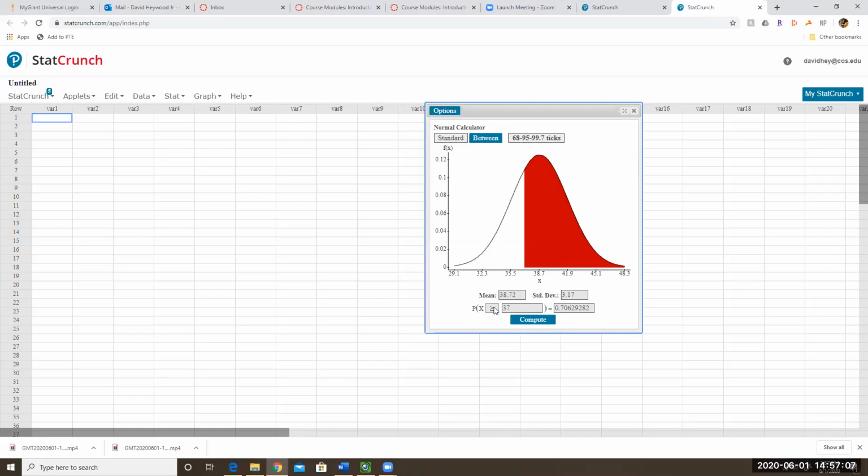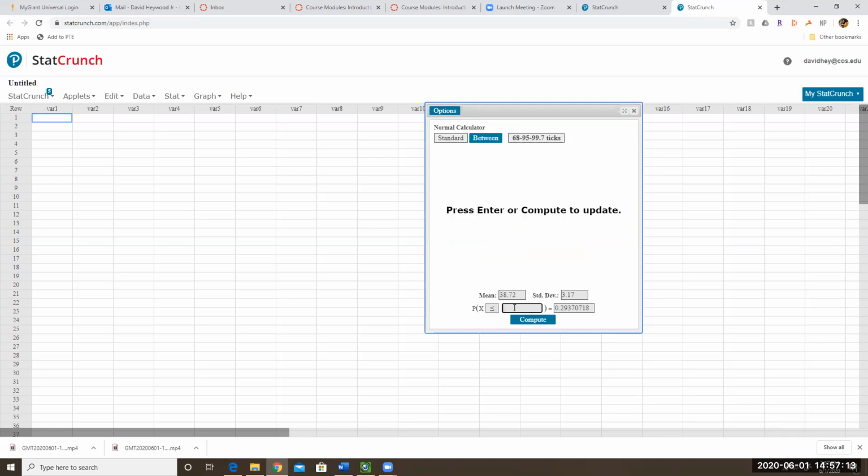Here we are in the normal calculator. I want the area to be to the left. I want this value to be blank because I want StatCrunch to fill that in for me. And I want the probability to be 20%. Okay, so I do that, hit compute. And there you go. There's the value. I'll round this to the nearest whole number. So in this case, it would be about 36 inches.